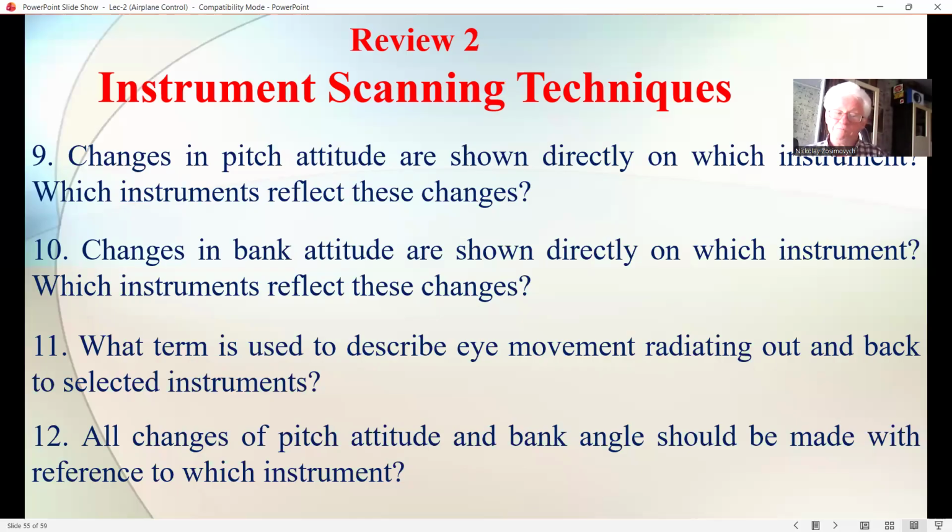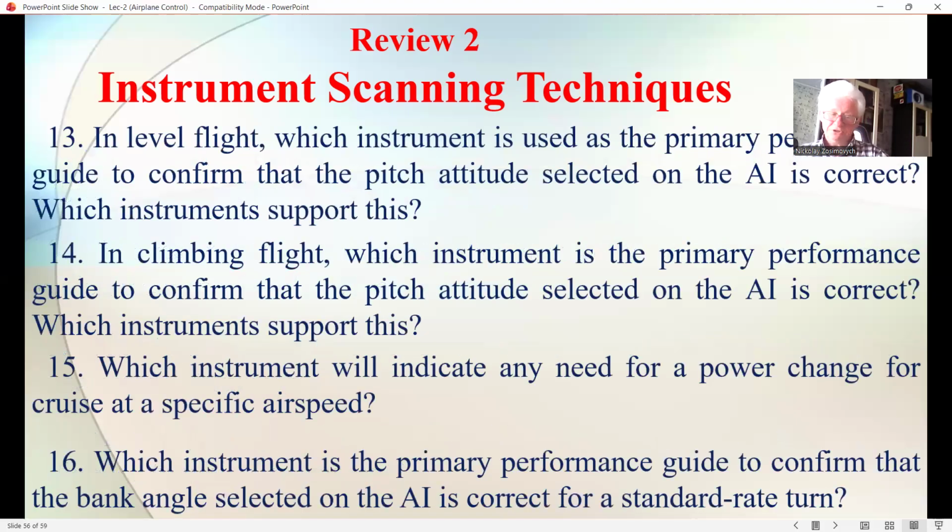All changes of pitch attitude and bank angle should be made with reference to which instrument? Next question, number 13. In level flight, which instrument is used as a primary performance guide to confirm that the pitch attitude selected on the AI is correct? And which instrument supports this?